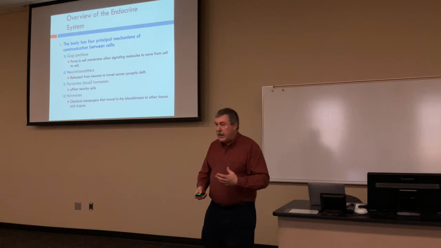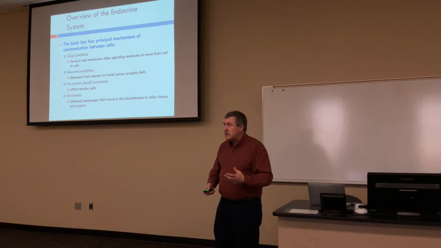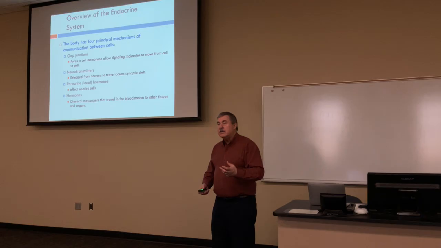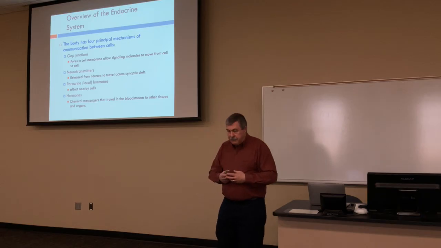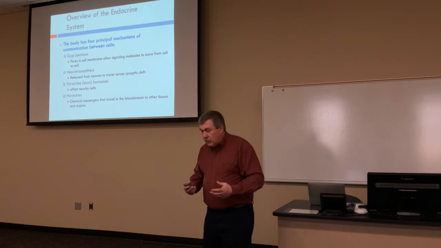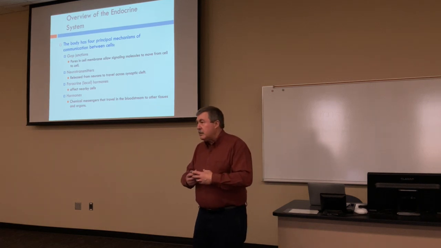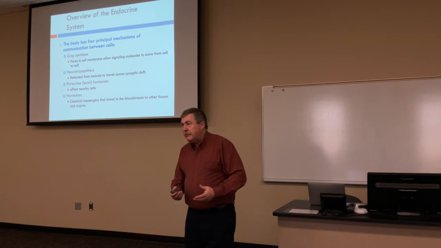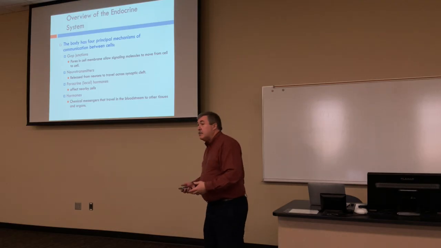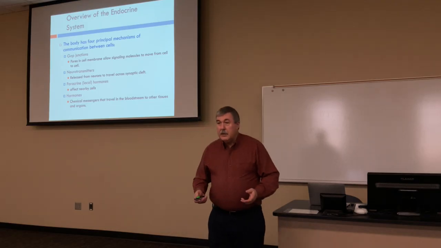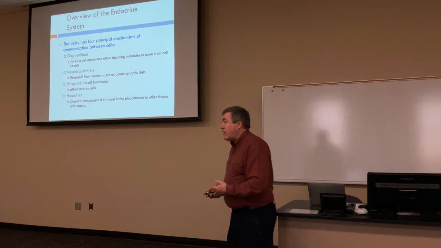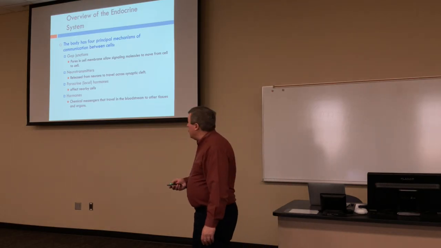Consequently, organs that are regulated by the endocrine system tend to be ones whose actions or effects take place over longer periods of time. Whereas the nervous system is very rapid because neural impulses can travel in just a few milliseconds.